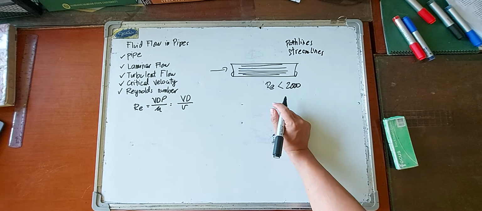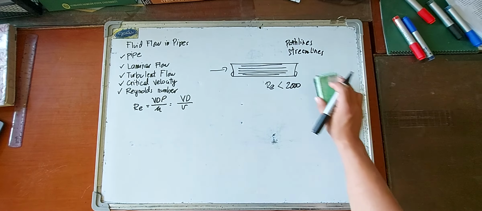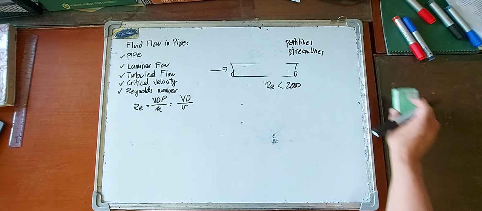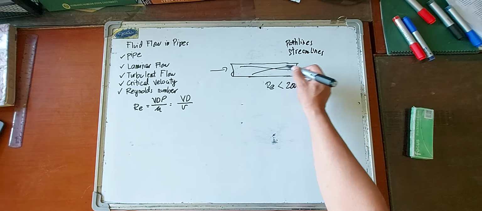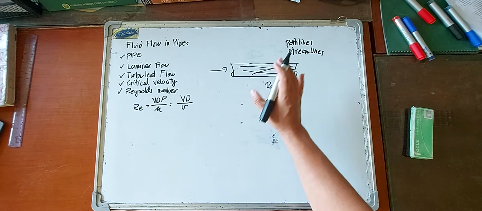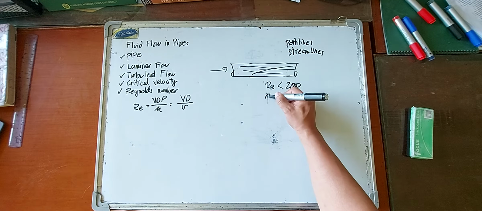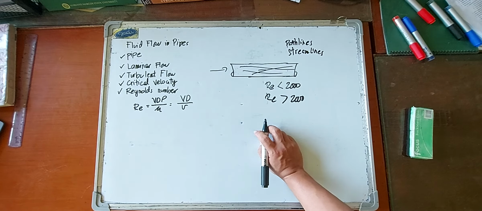Okay? Next is turbulent. Turbulent is the opposite of laminar. That is when the path lines or streamlines intersect. So ibig sabihin, mabilis na yung flow, such that the path lines of individual particles are nag-intersect na mga yan. Okay, that is when the Reynolds number is greater than 2,000.